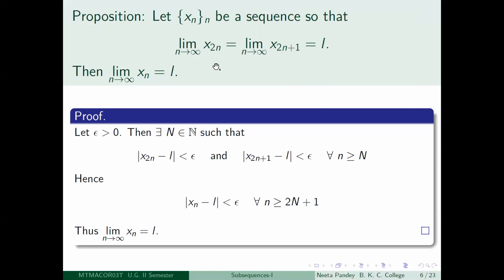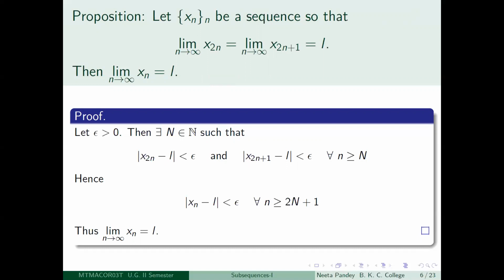So suppose all the even terms of this sequence, if you look at that subsequence, that converges. Also, all the odd terms of the sequence converge.